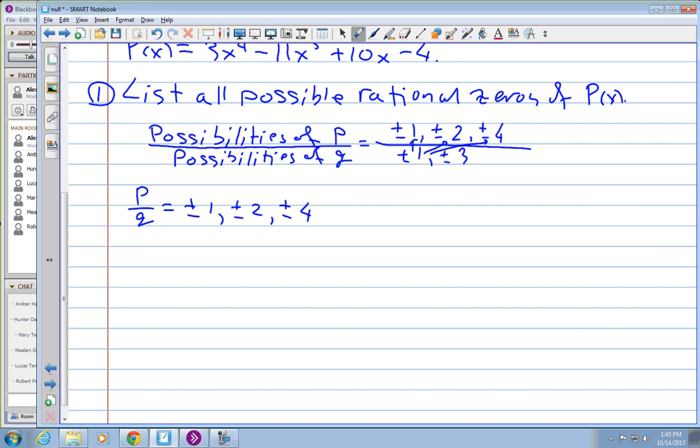My rational zeros will be in that list. But also, I haven't finished yet. And when I divide by 3, you get plus or minus 1/3, plus or minus 2/3, and plus or minus 4/3. So this right there is the list of all possible rational zeros, which is actually 12, right? There are a total of 12 numbers.